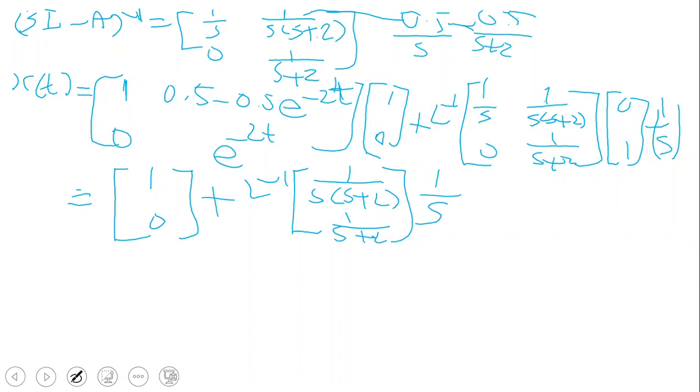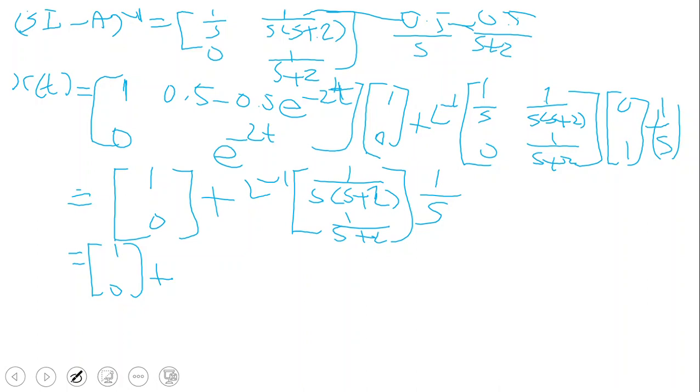So L inverse of 1 by s into s plus 2, the first element. Second element is 1 by s plus 2. That is when the L inverse of the 2 by 2 matrix is multiplied with the matrix B. Right. Now this again we have to do the partial fraction. So if you do the partial fraction and take the inverse Laplace transformation, you get 1, 0.